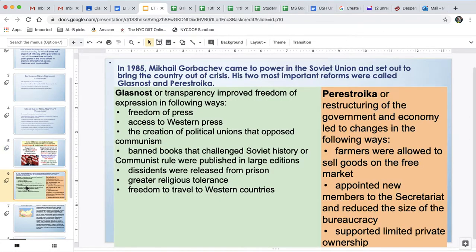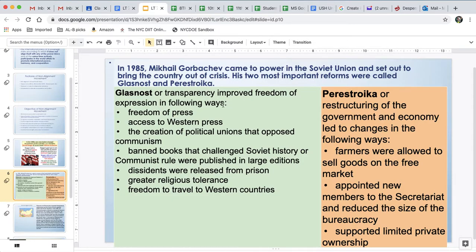So in the next slide, we see that Mikhail Gorbachev starts to introduce these two very important reforms. The first one is called Glasnost, and the second one is called Perestroika. Two words that are a little bit difficult to pronounce, but let's get started. Glasnost means transparency to improve freedom of expression.